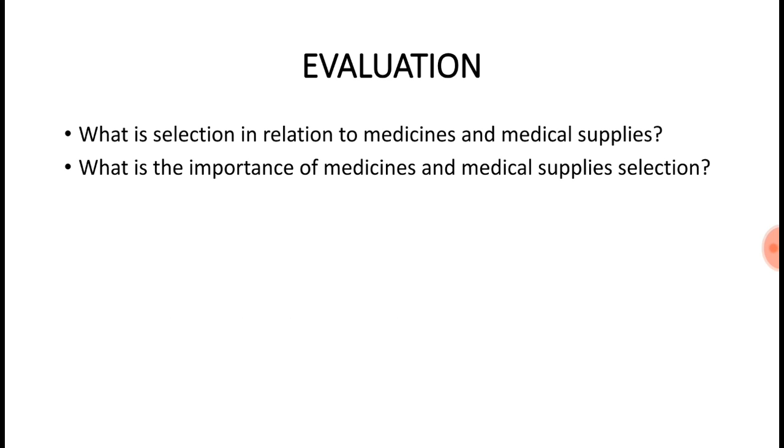What is selection in addition to medicine and medical supplies, and what is the importance of medicines and medical supply selection in your health facilities. So you as a student, as pharmaceutical personnel, you need to know what selection is according to medicine and medical supplies, and why it is so important to select medicines and medical supplies.